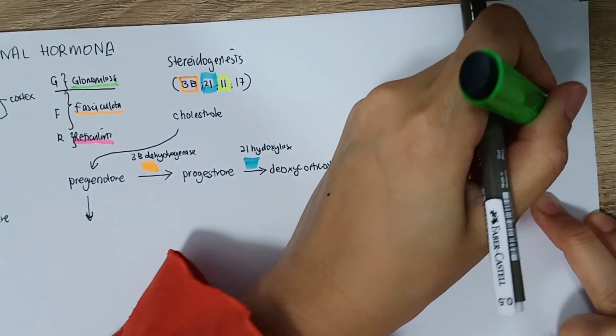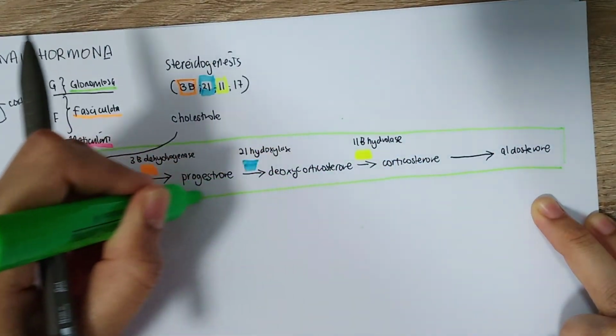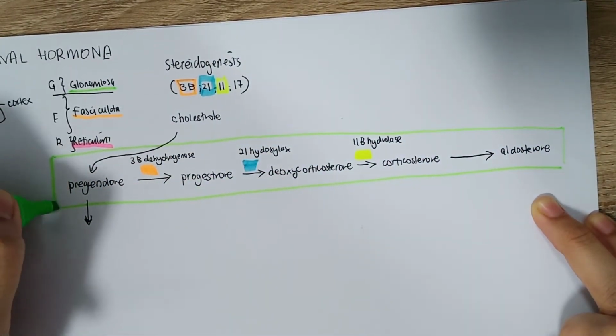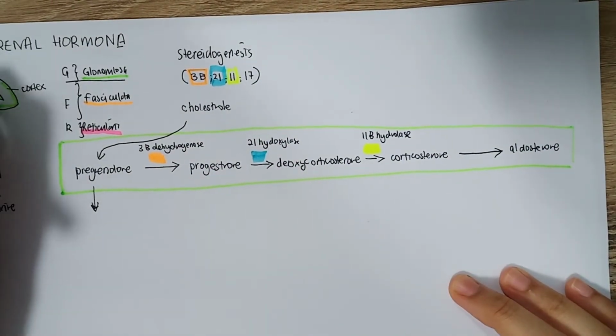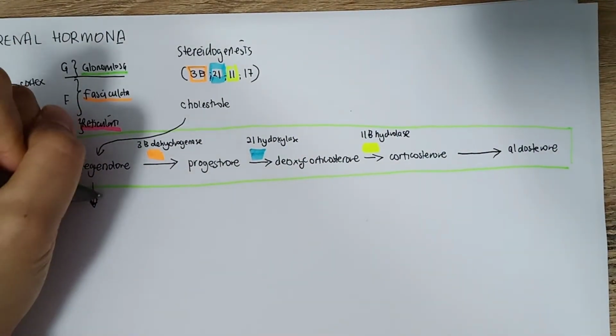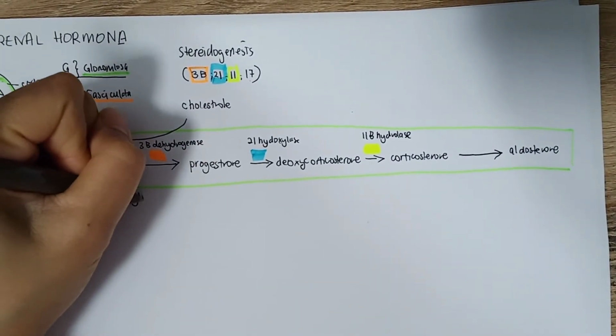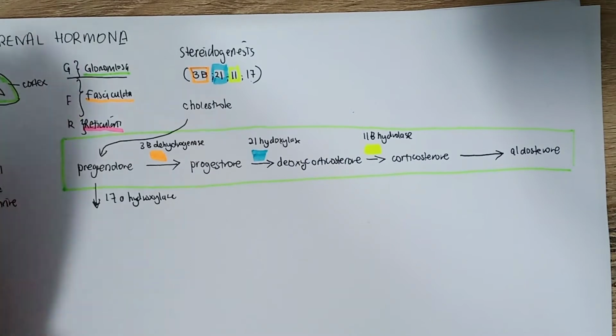So this is what happens in the glomerulosa. So aldosterone will be produced because to go into the fasciculata, it needs the 17 alpha hydroxylase enzyme.